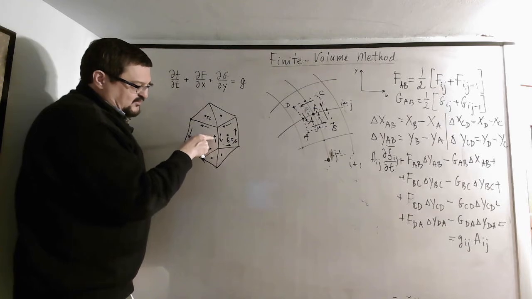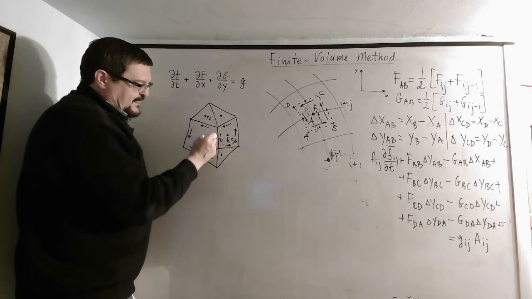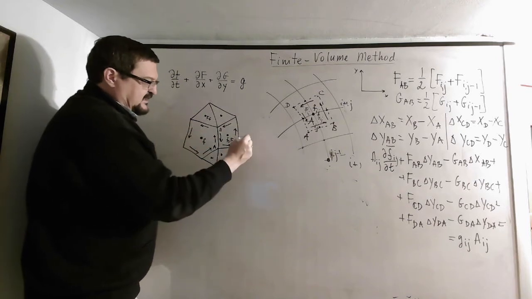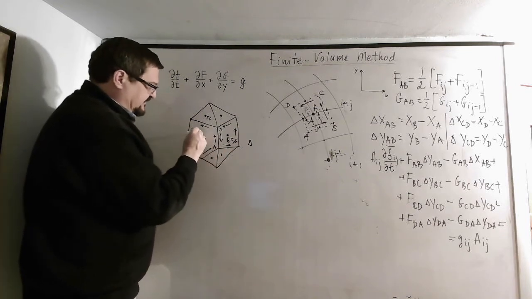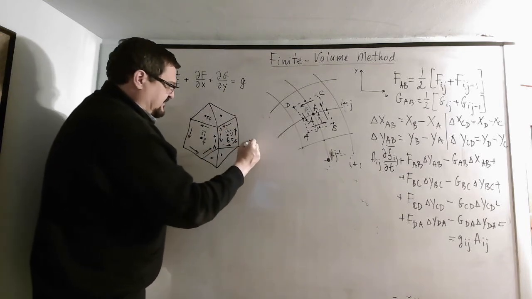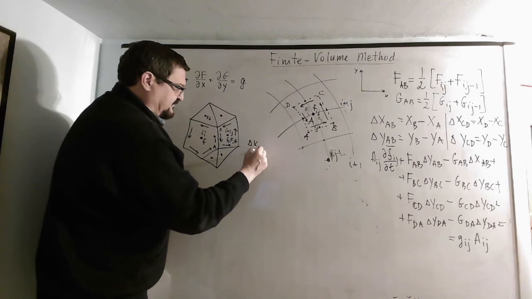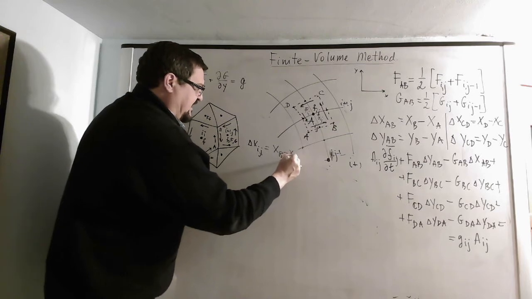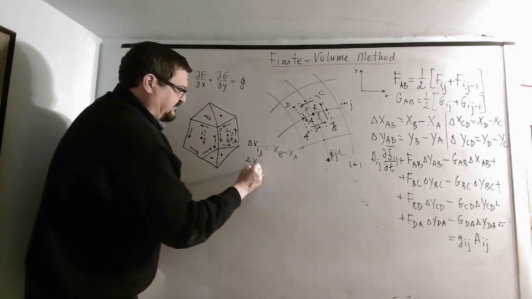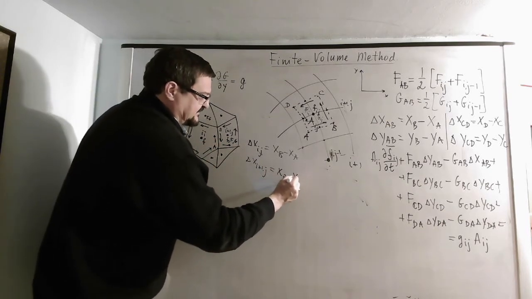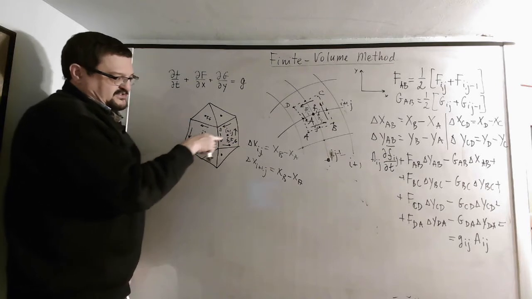Because you have this direction here, and in this cell you have the opposite direction. Say this is A and this is B, and this is cell ij and this is cell i plus 1 j. Then delta x for cell ij equals xb minus xa, and delta x for cell i plus 1 j is actually the opposite, because you need to follow this direction.